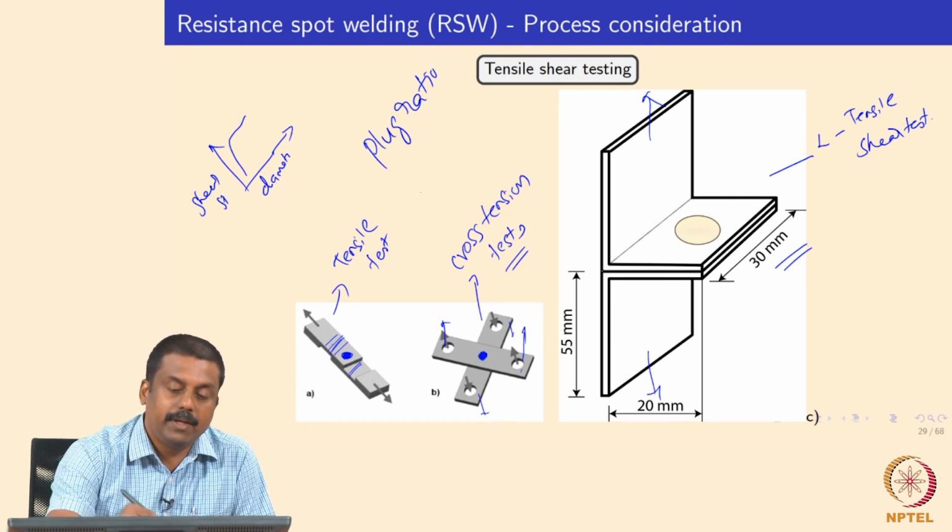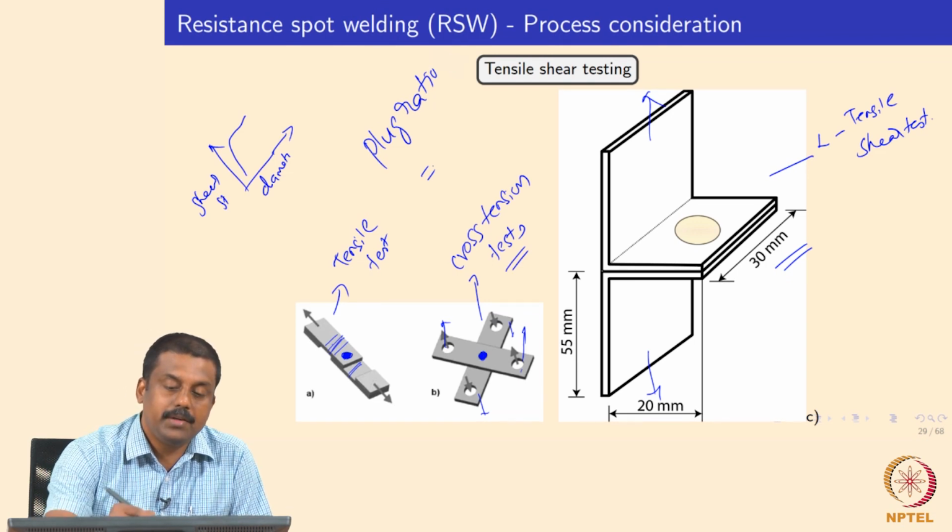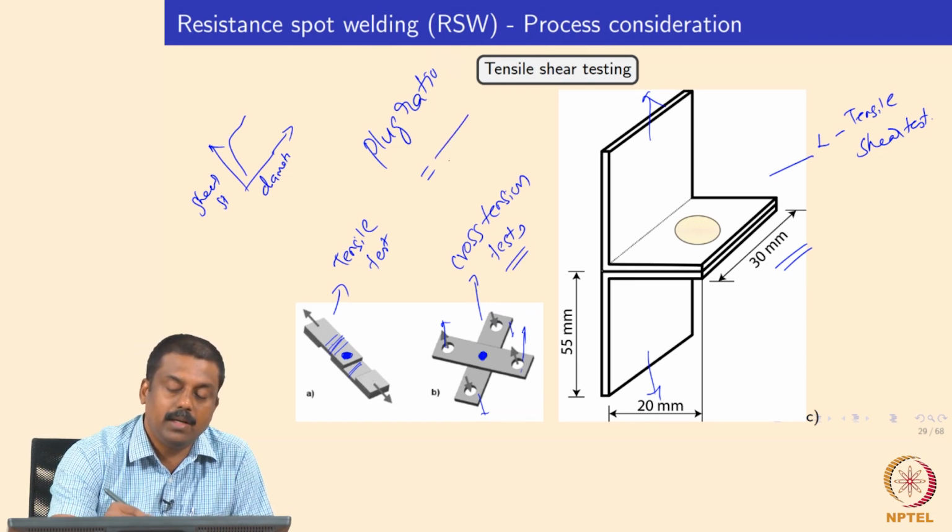So the plug ratio is what we calculate after cross tension testing: the ratio between the actual weld nugget diameter over the plug size after failure.